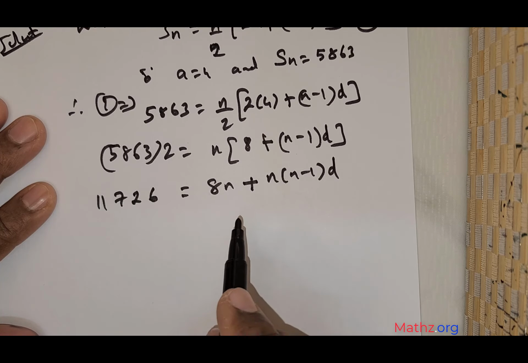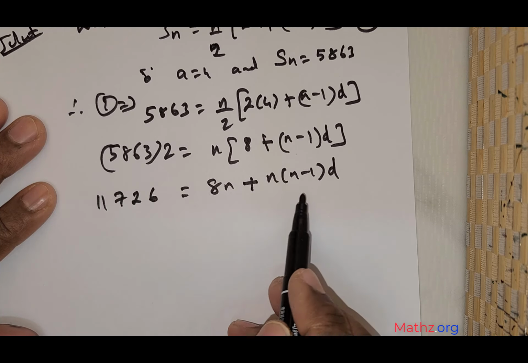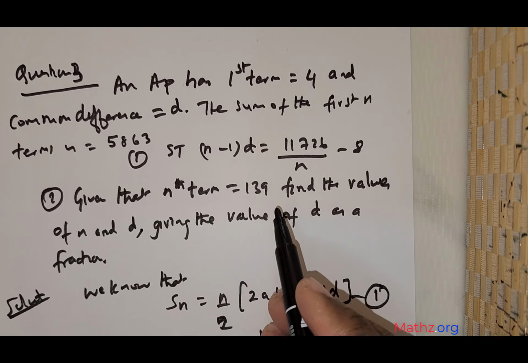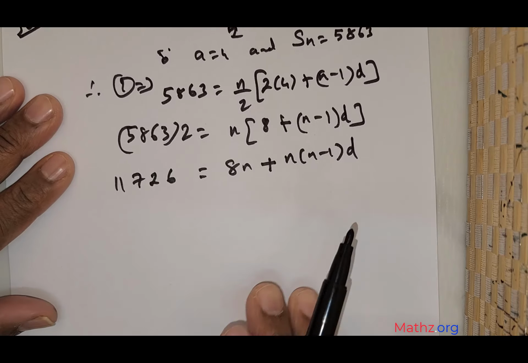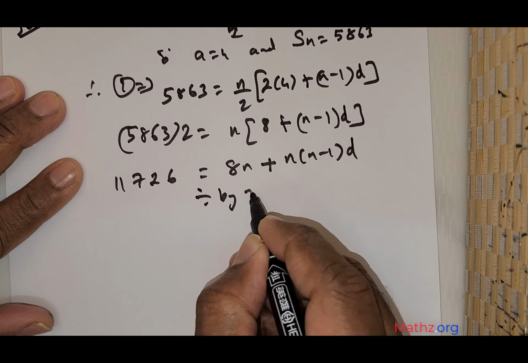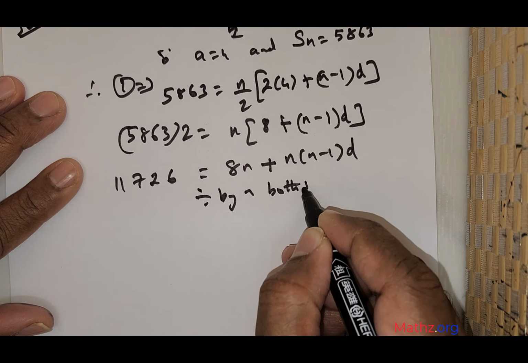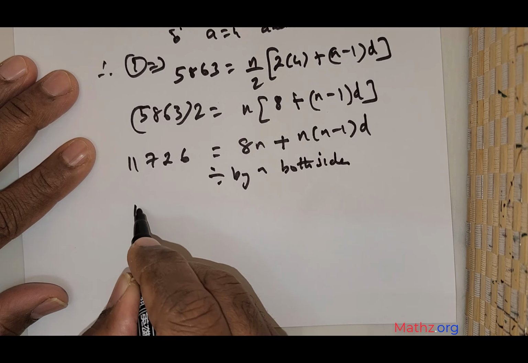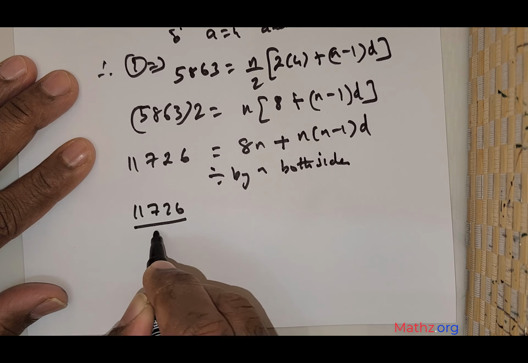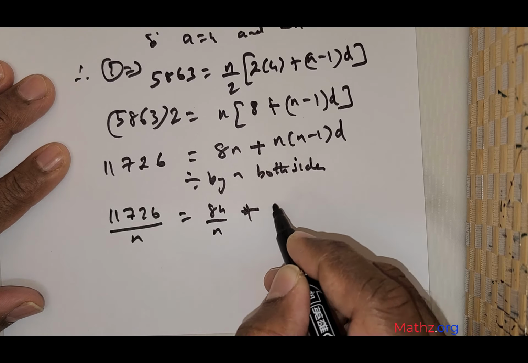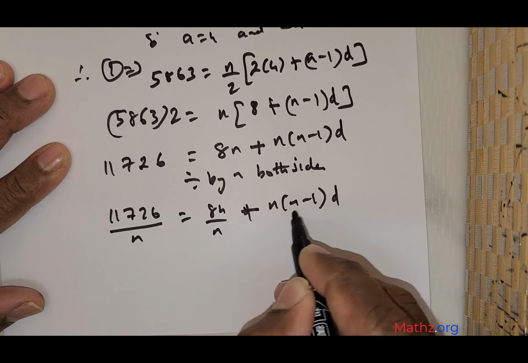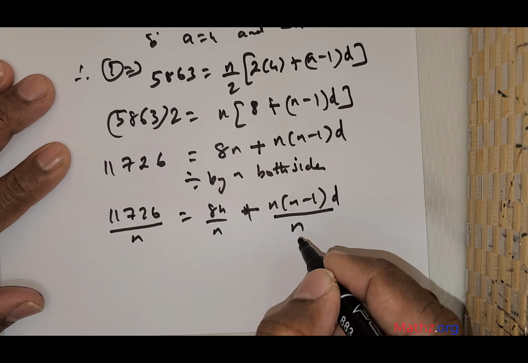Now what I can do is get rid of this n, because the question wants us to just have n minus 1 into D. So I divide by n on both sides. That gives me 11726 over n is equal to 8n over n plus n into (n minus 1) into D over n.